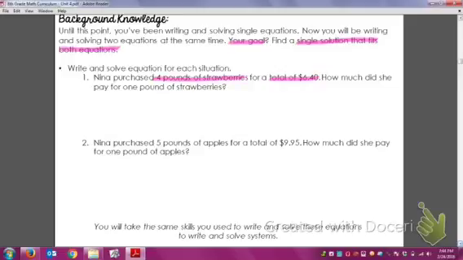Okay, I'm saying we're going to write, let me change my marker, sorry. Go back to the pen here. 4 pounds of strawberries. Now, this 4, it's 4 pounds, and we don't know how much they cost, right?